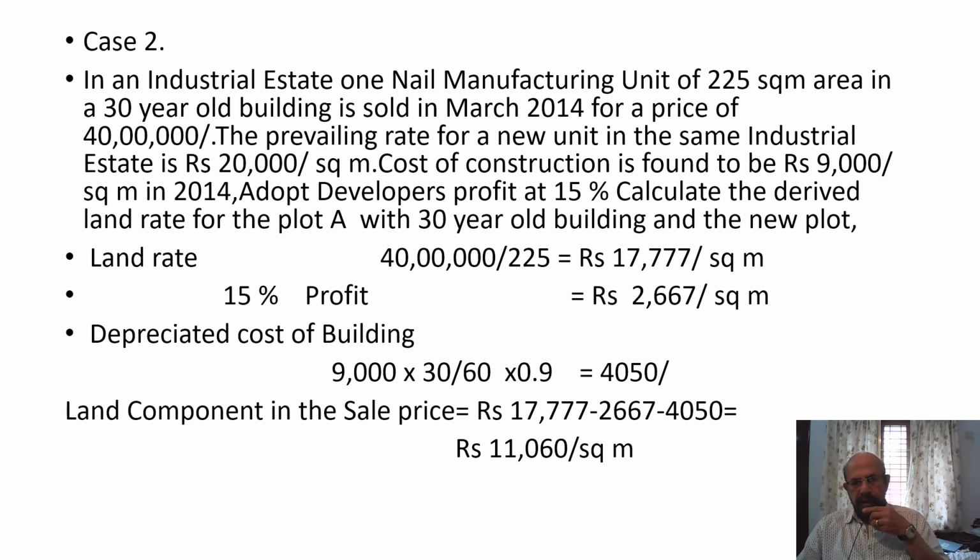The prevailing rate for a new unit in the same industrial estate is rupees 20,000 per square meter. Cost of construction is found to be rupees 9,000 per square meter in 2014. Adopt developer's profit at 15%. Calculate the derived land rate for the plot A with the 30-year-old building and the new plot.